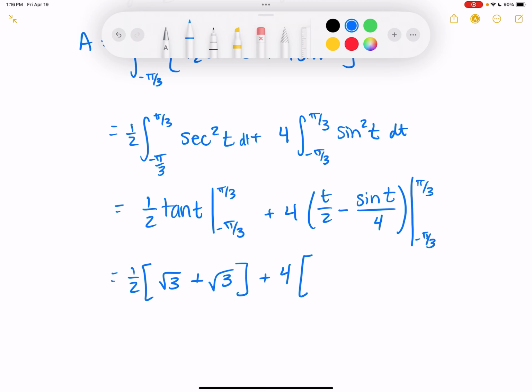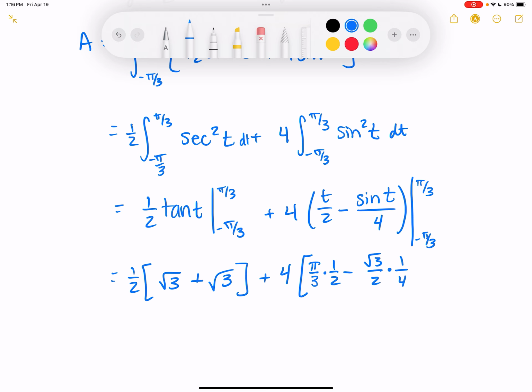So pi over 3, since I'm dividing by 2, that's times 1/2, minus, what is the sine of pi over 3? Root 3 over 2. So root 3 over 2, again, times, since it's divided by 4, times 1/4.